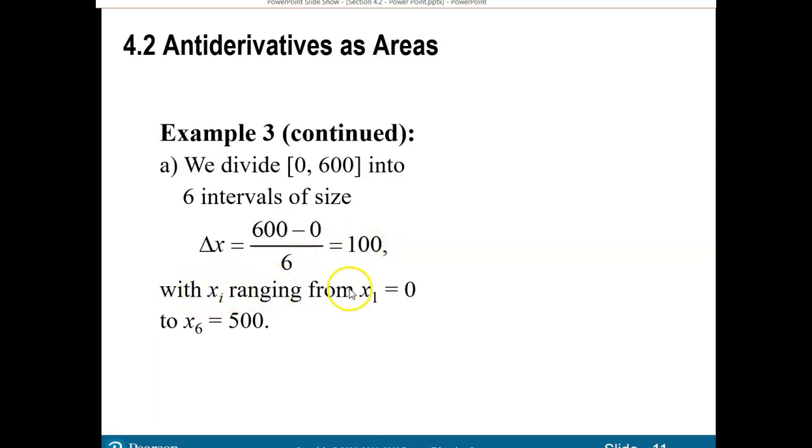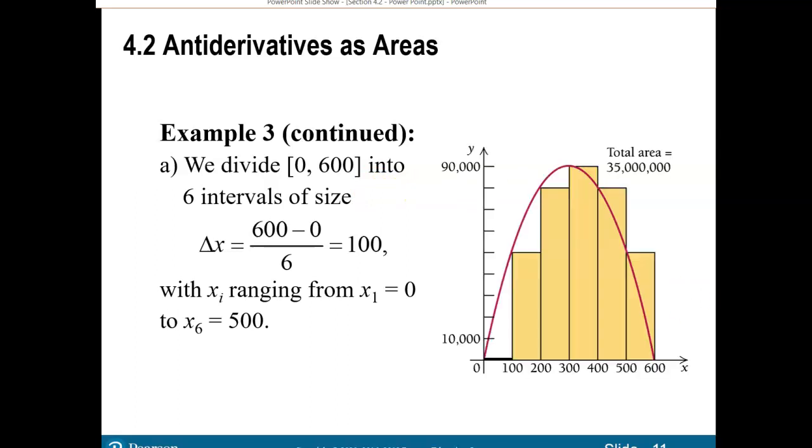With x sub I ranging from x sub 1 being 0, meaning this left endpoint, to x sub 6 being 500, because remember, if I'm dividing into 6 subintervals all of length 100, that last rectangle would end at 600, so its left endpoint would be 100 units in front of that, which is 500.